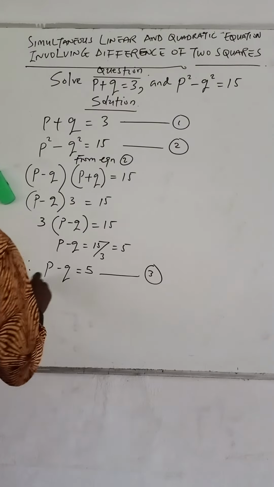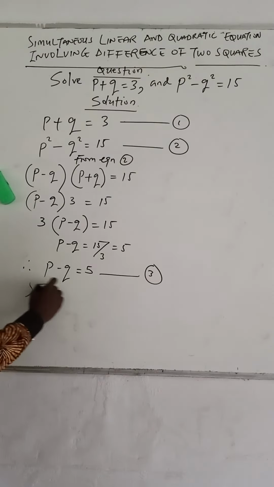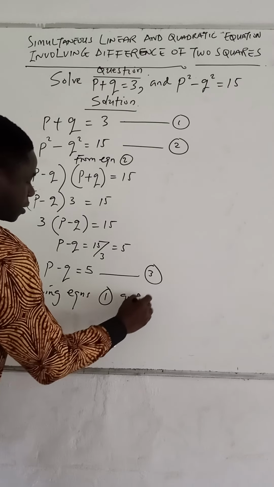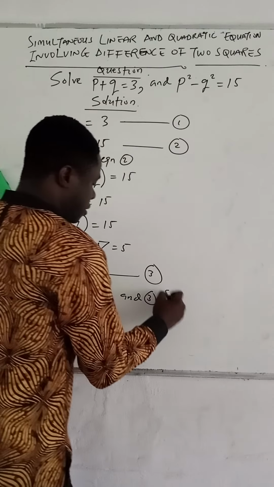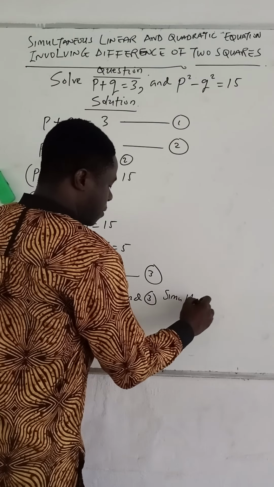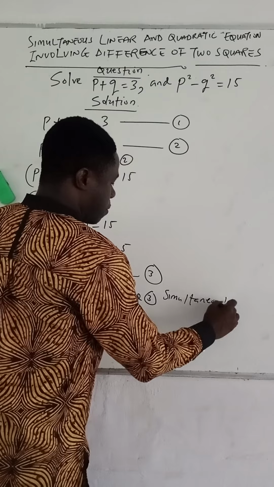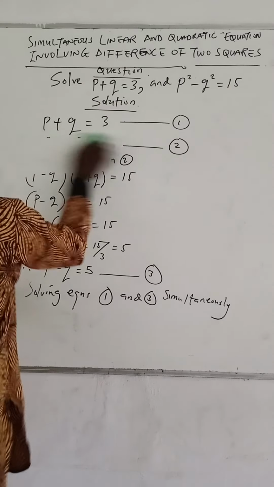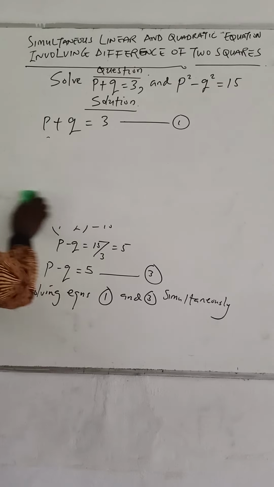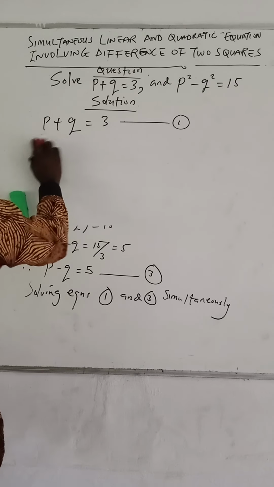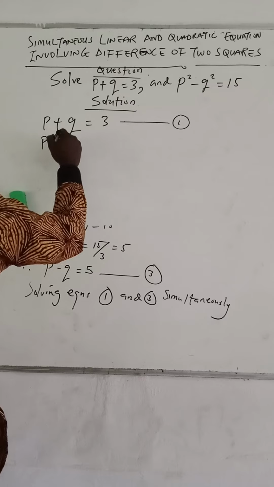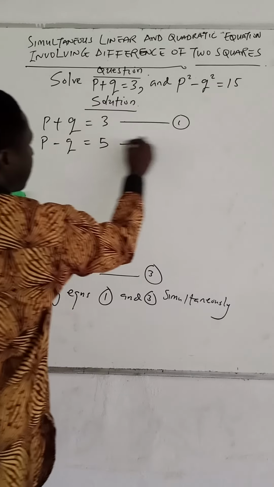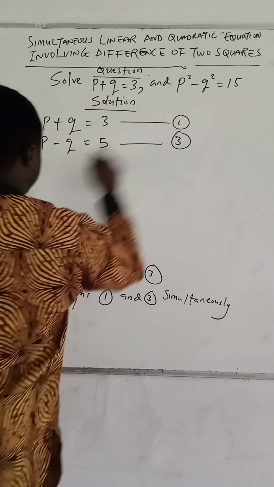So solving equations 1 and 3 simultaneously will have something like this. Equation 3 is p minus q equals 5.